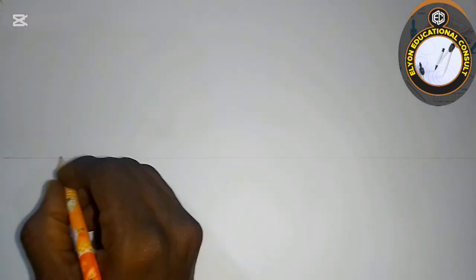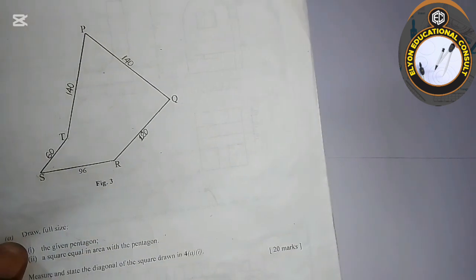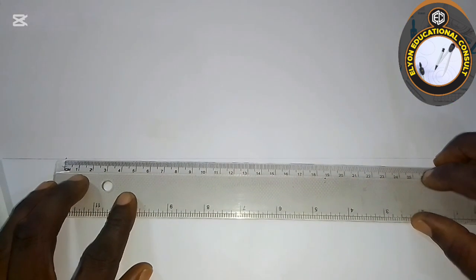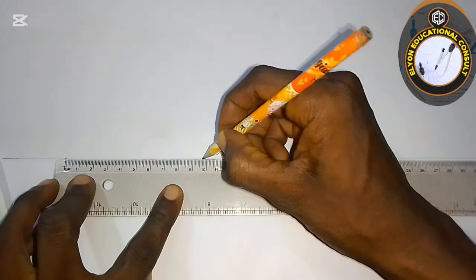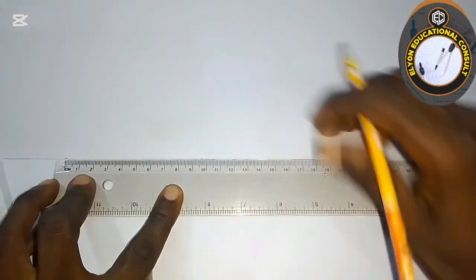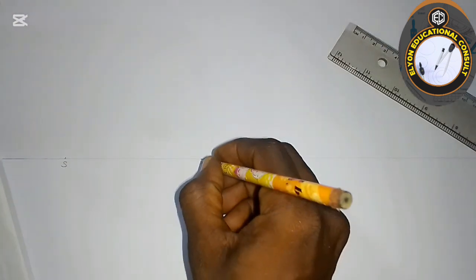Let me use this point here as my X. We are told that line XR is 96, so I will take that, 9.6 centimetres. So this is 96, and that is R.